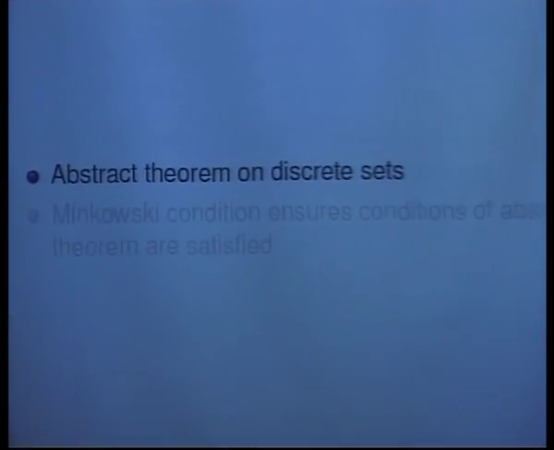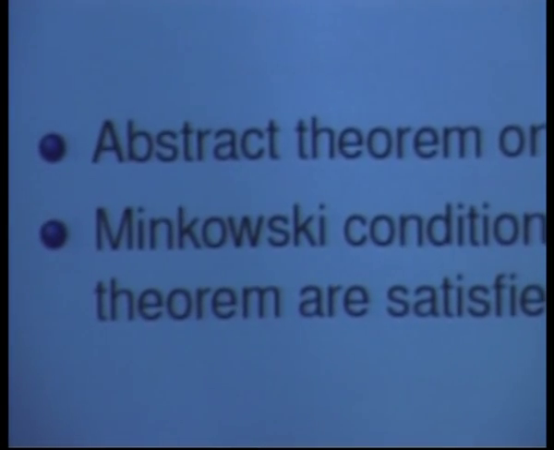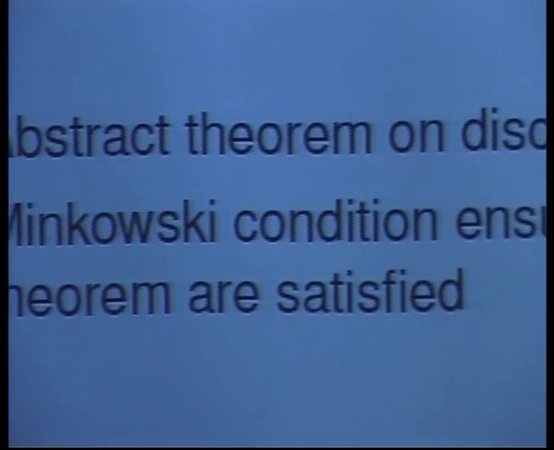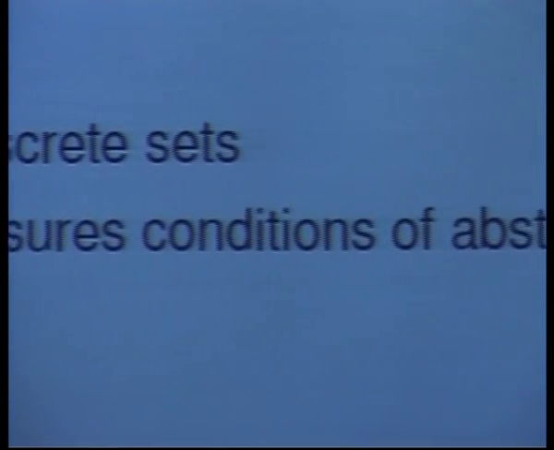This is completely linear algebra. Then the Minkowski condition on the parameter space ensures that some conditions in the abstract theorem are satisfied. The Minkowski condition guarantees you have something in your Diophantine exponent set. Otherwise, you may not have any approximants at all.